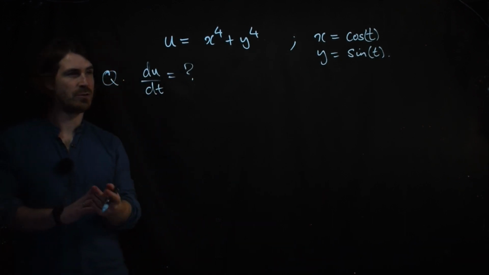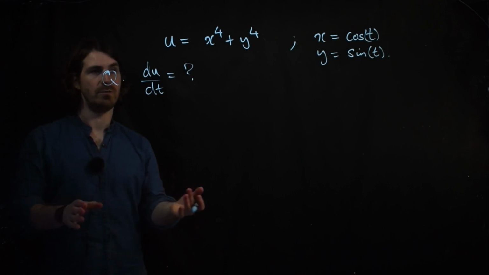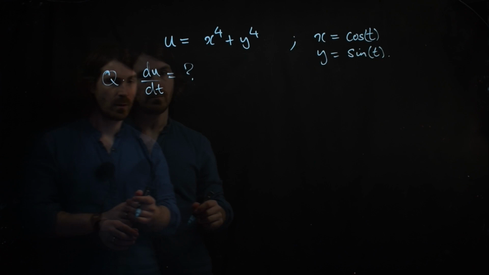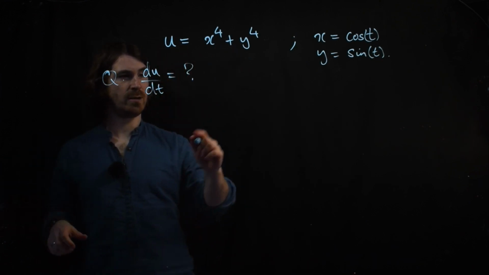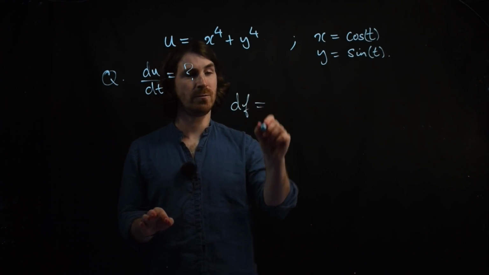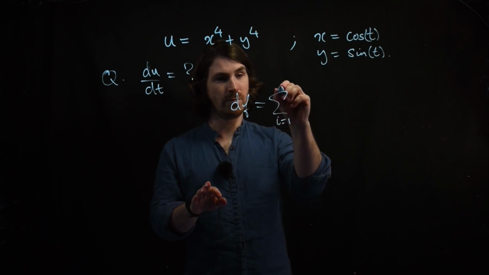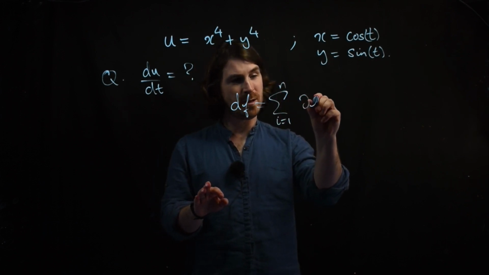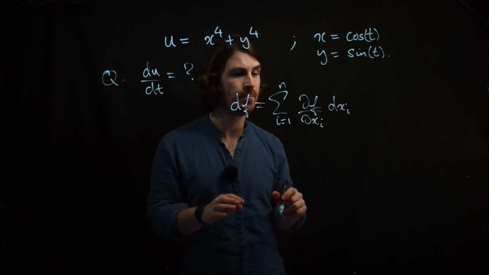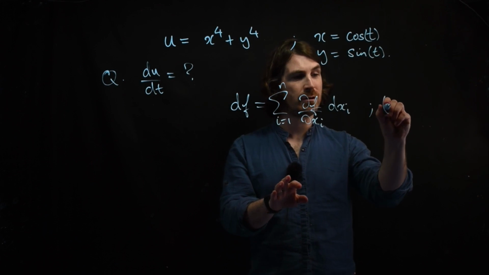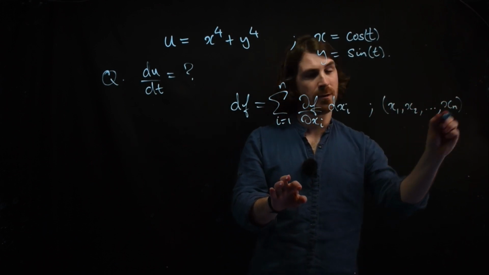This is where we use our chain rule. We start with our total differential. Remember, the total differential for a function of n variables is the sum from 1 to n of df by dxi times dxi, where our n variables are x1, x2, up to xn.